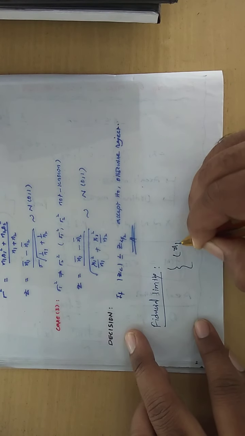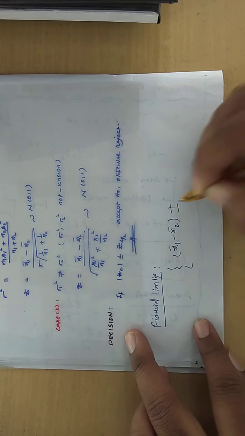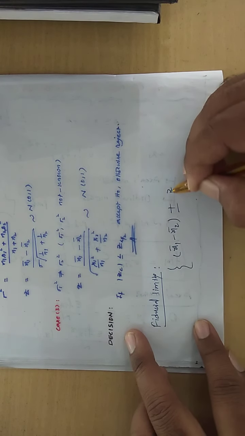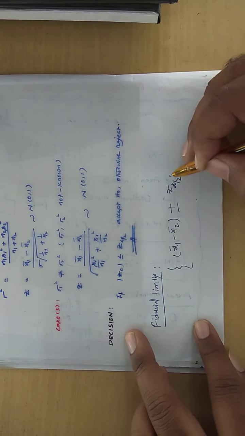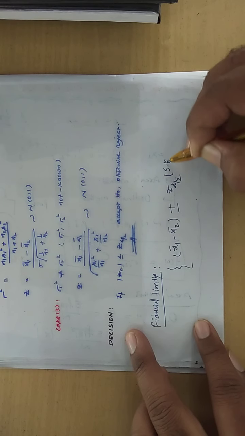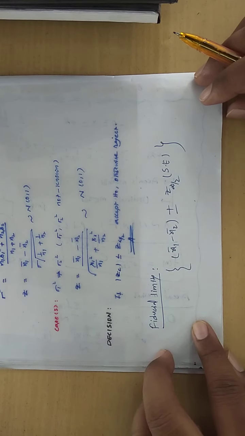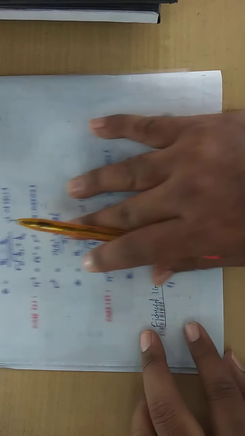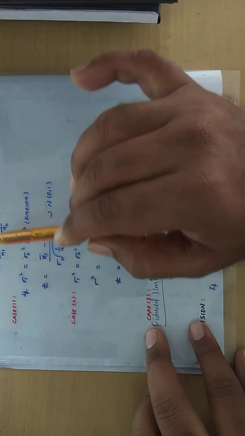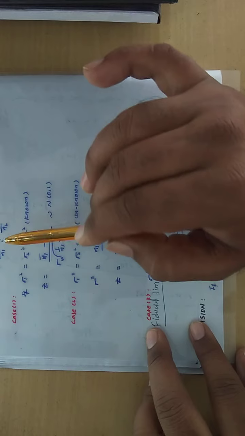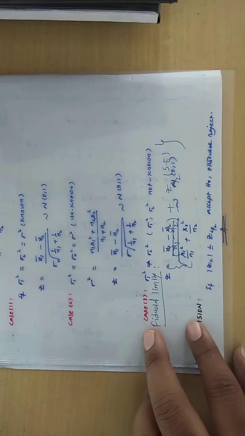That's why what you get here is x1 bar minus x2 bar plus or minus table value, Z alpha by 2, into standard error. This is the general formula. But remember that in any formula of this test, the denominator term is considered as the standard error. This denominator term is considered as the standard error.